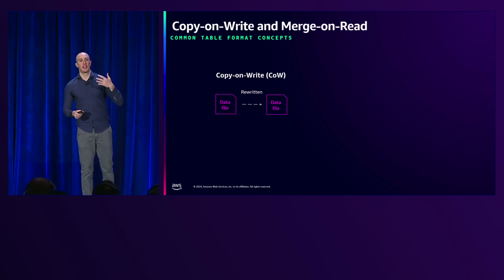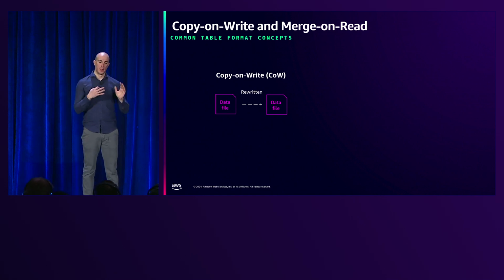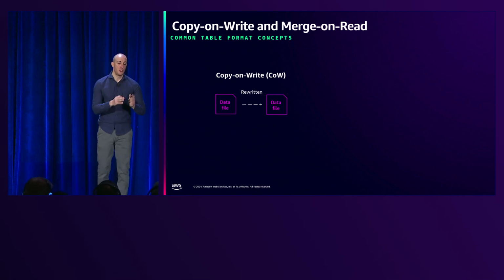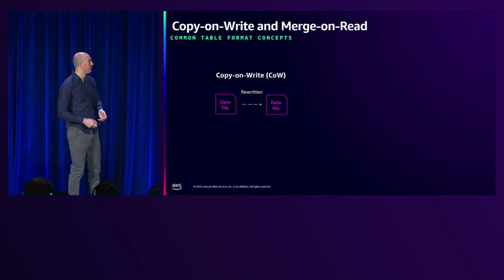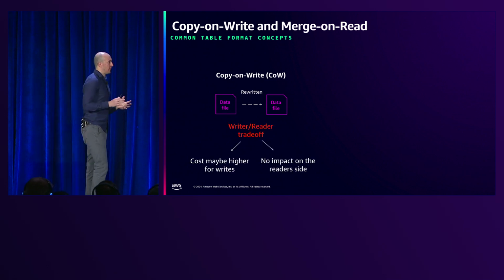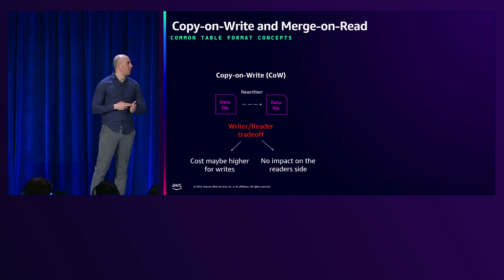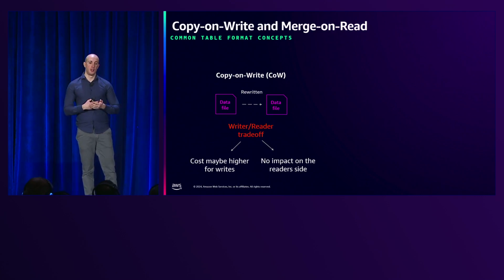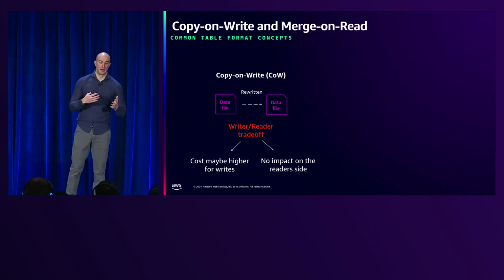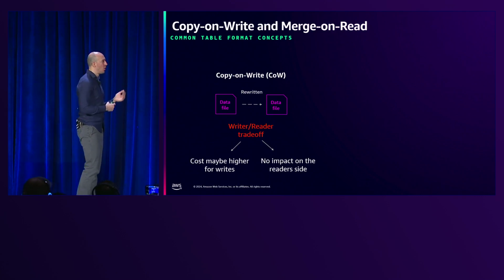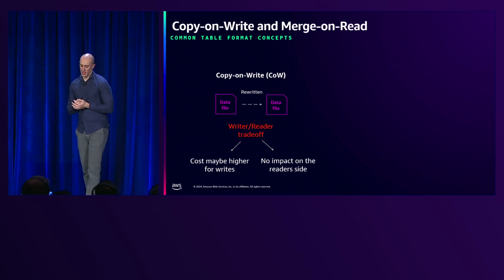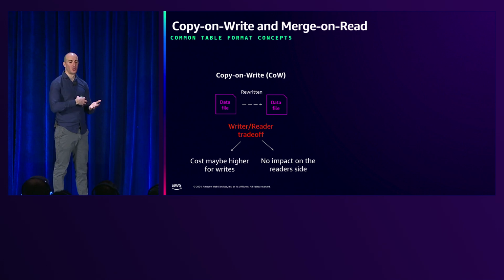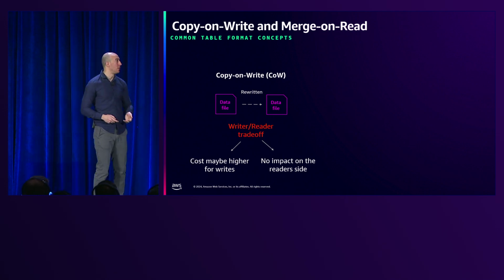For example, when there is an update, a delete, or an insert, Iceberg tells the query engine to literally rewrite all the needed data files. This has some trade-offs. During write operations, we are rewriting the data, so writes are way more expensive. On the reader side, there is no impact, because the query engine does not have to go through all these new objects to understand what happened to the table.